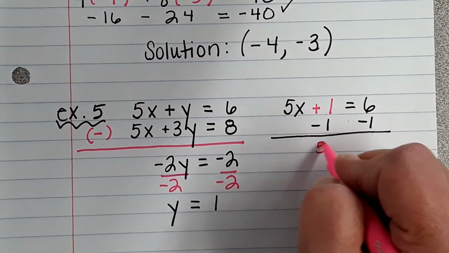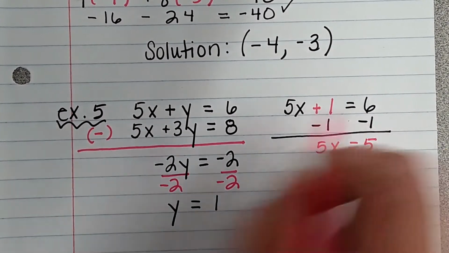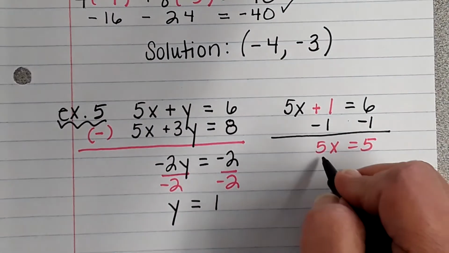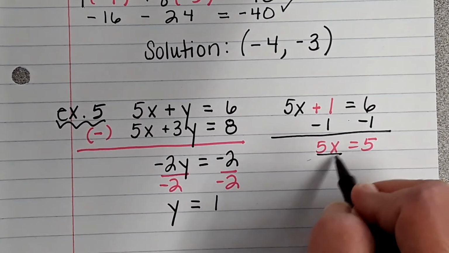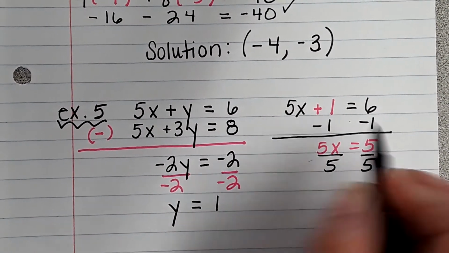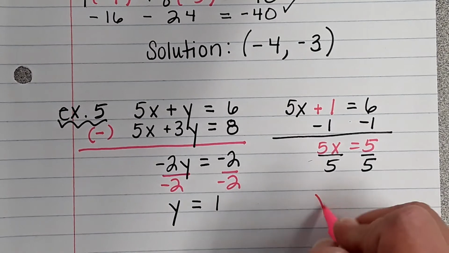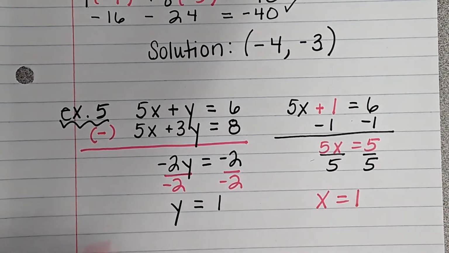Okay, yeah. Now what? Divide. Divide by what? 5. And what does x equal? 1. Should we check it? Yes. No? We shouldn't check it? Yes, we should.